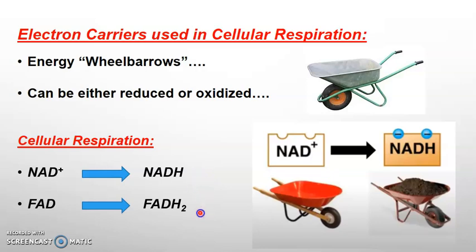What we're going to use these two for this time is these will carry the electrons that will actually then be used to create a hydrogen ion gradient. So instead of using these to make sugar like we did similarly in photosynthesis, we'll be using these, you'll see in a couple video lectures, to make the hydrogen ion gradient that is then used to make ATP.